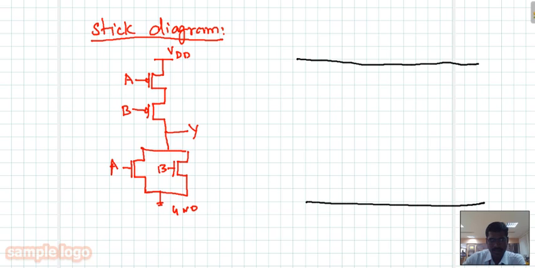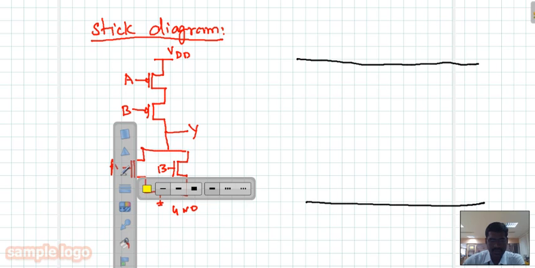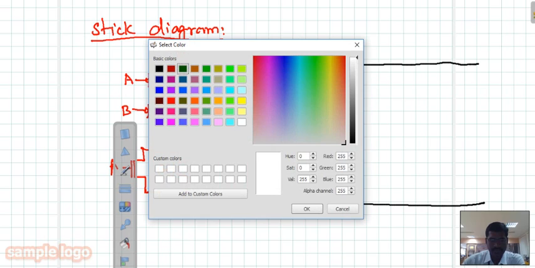For the PMOS transistor we need P plus, and for the NMOS transistor we need N plus. So here P plus we are going to draw using green color.